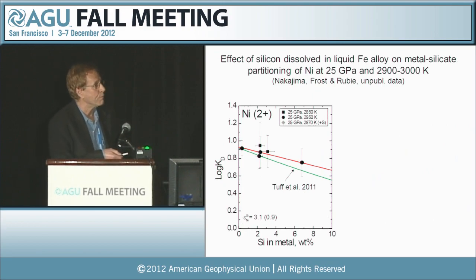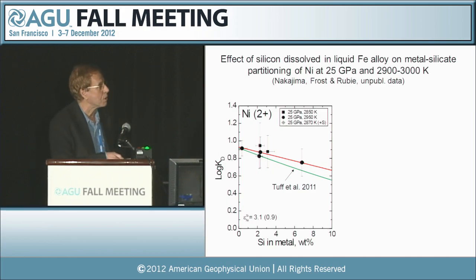These are at 25 GPa. And so here's the log KD, the distribution coefficient that we saw in the previous slide, versus the weight percent silicon in the metal. And now we have a much smaller effect. With 10 weight percent silicon in the metal, the partition coefficient is reduced by about 0.2 of a log unit.